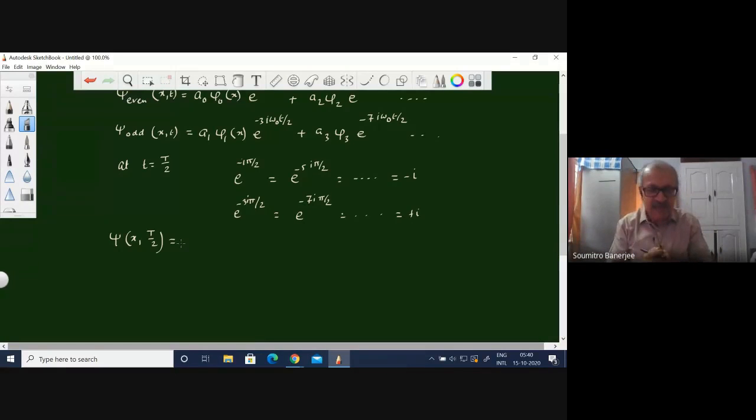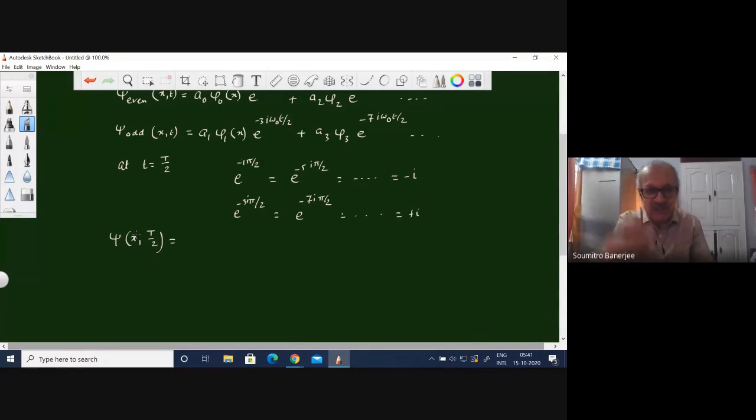And then you will see that if the initial wave function has both these parts, then after a time t by 2, it becomes exactly the same as what it was at time 0, only for minus x.